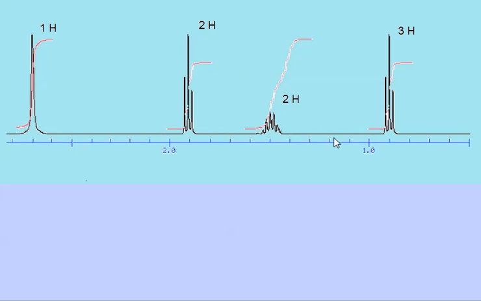peaks. Now the peak furthest to the left, the most de-shielded, downfield, is a peak at about 2.7. And that's definitely slap in the middle of the range that we expect for the hydrogen on the alkyne triple bond. It's a singlet, as we expect, with no nearby non-equivalent hydrogens.